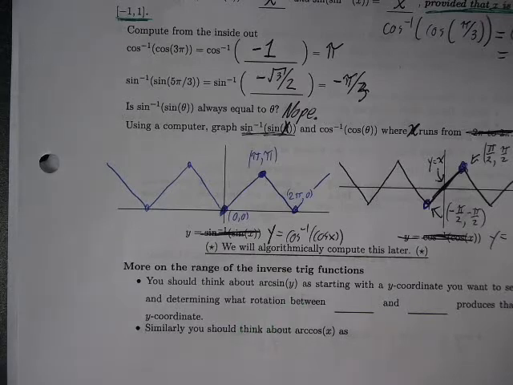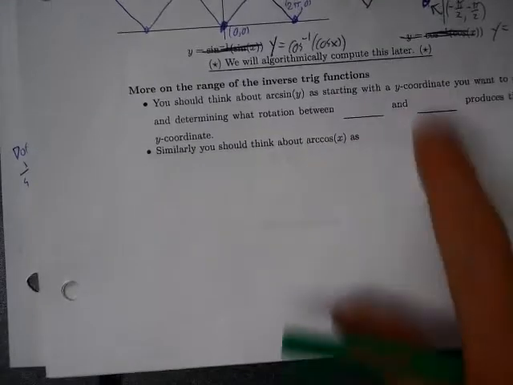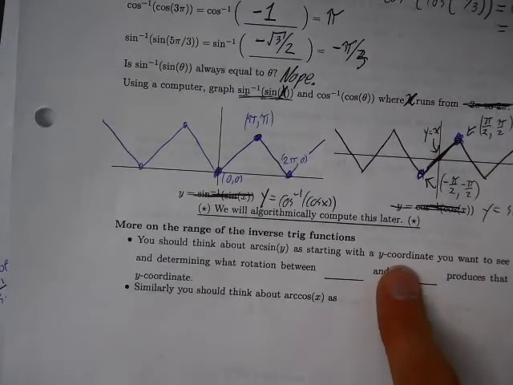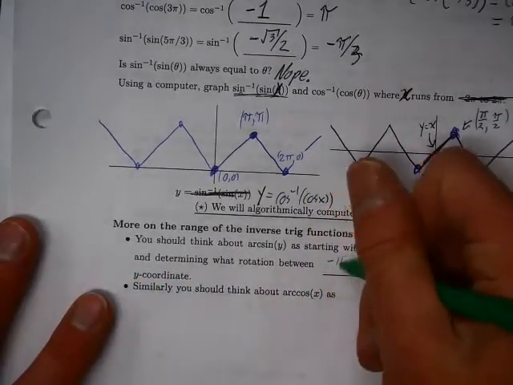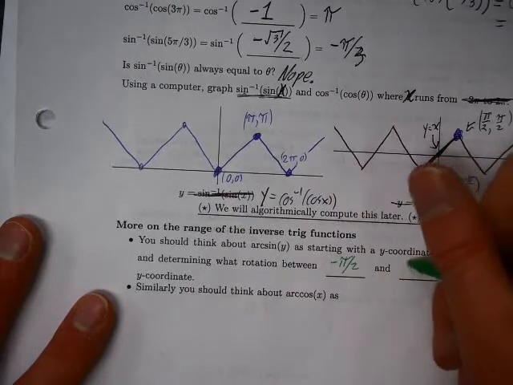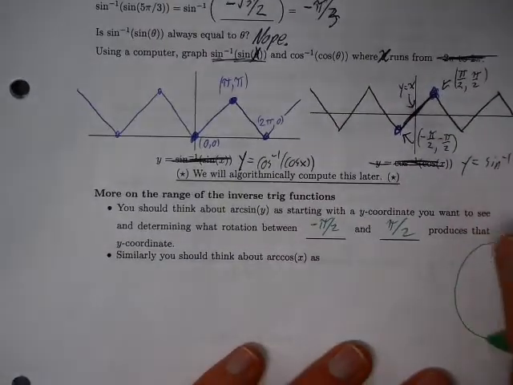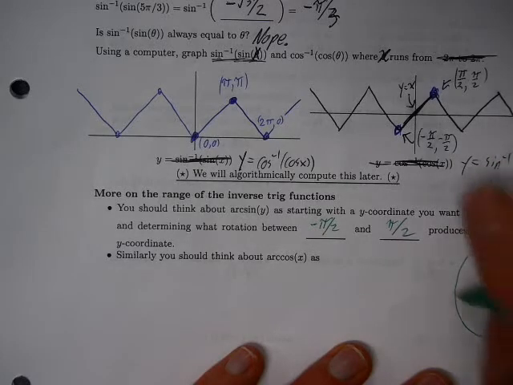So if you want to compute arc sine of y, what are you doing? You're starting with the y coordinate you would like to see and determining which angle of rotation between negative pi over 2 and pi over 2 produces it. That is to say, you draw a unit circle.